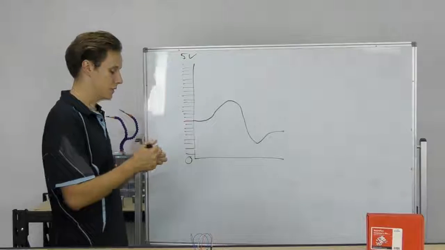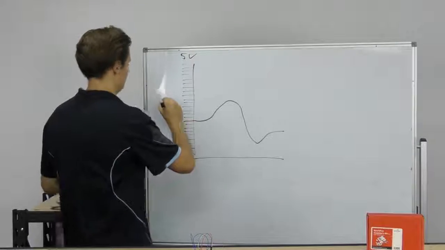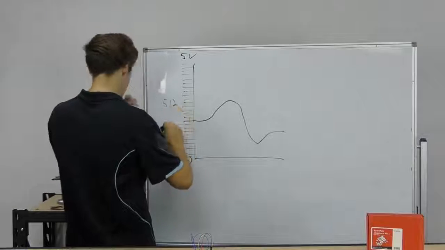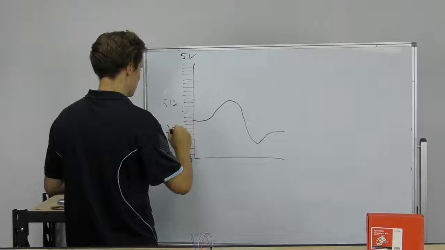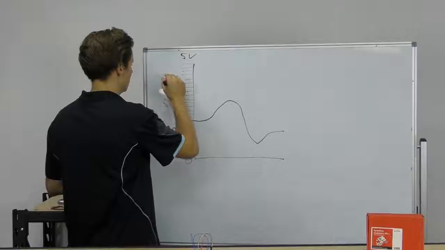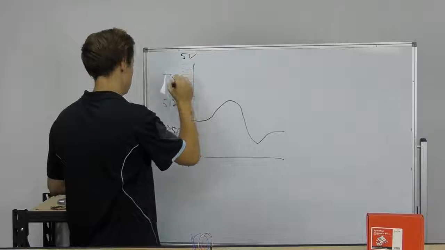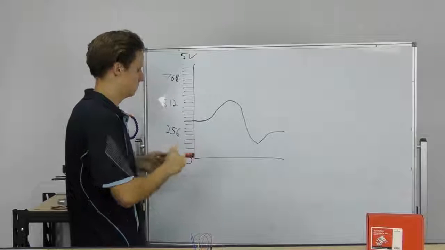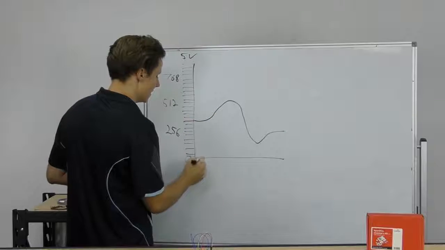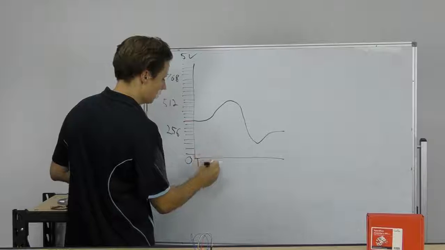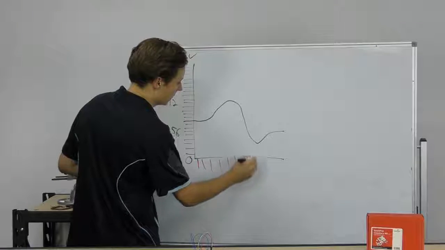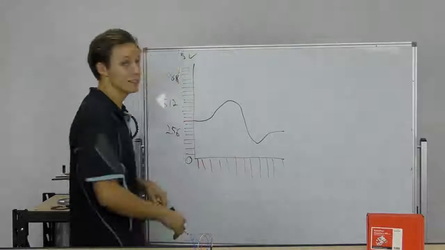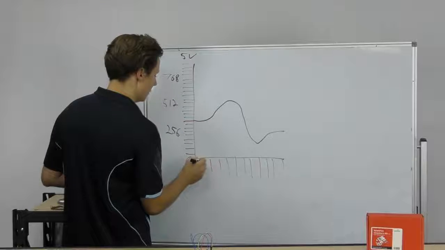So 512 is going to be halfway. Then we're going to get 256 there. Get 768. Like so. Then when it gets to here, let's say it's sampling this here, that's a lot slower than it would actually sample, but you get the idea.